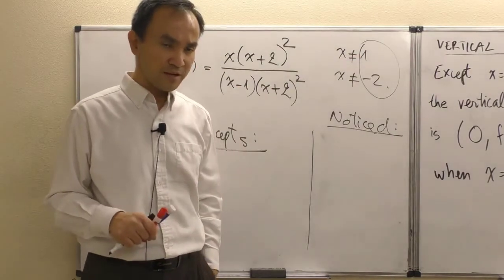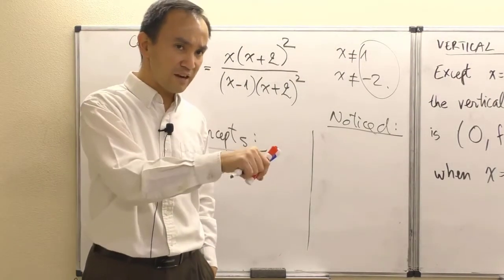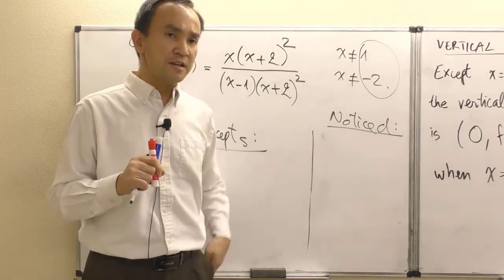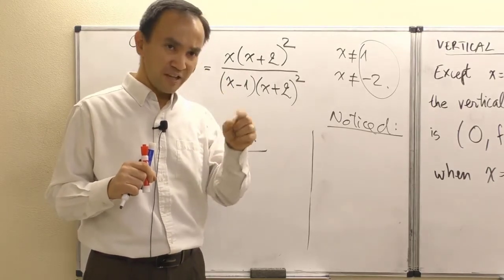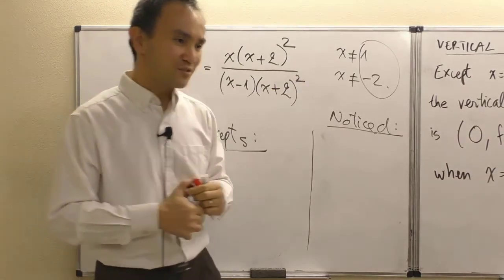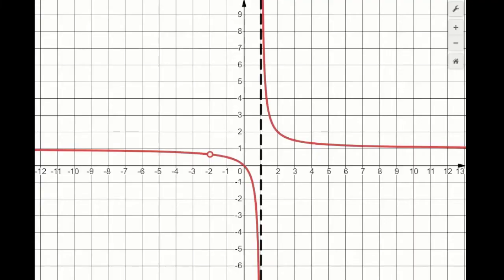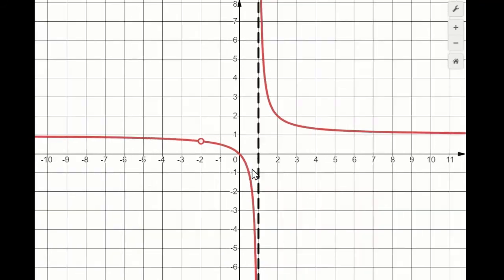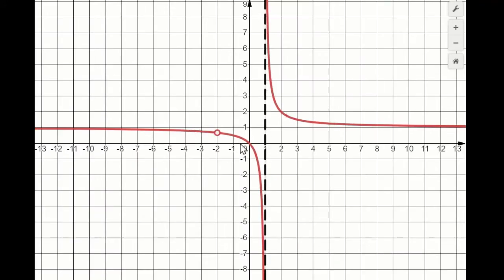Now our goal is to look at the graph and estimate any horizontal intercept, anywhere on the horizontal axis where the graph is crossing through it. The graph is only crossing through the x-axis at x equals 0.